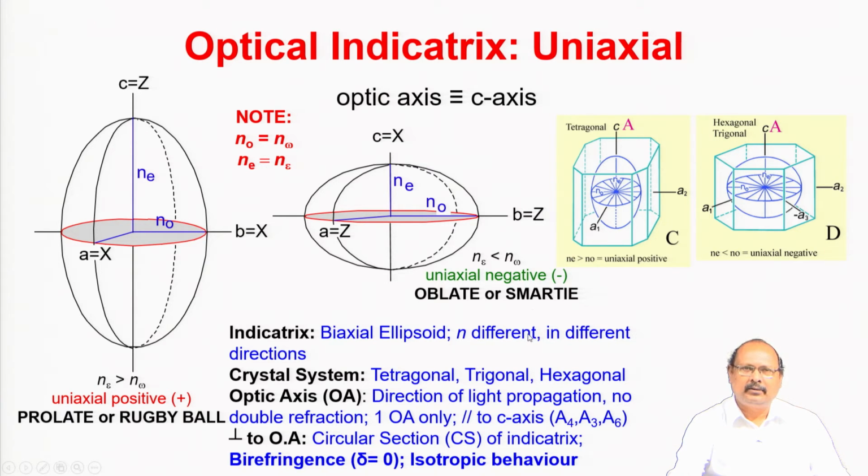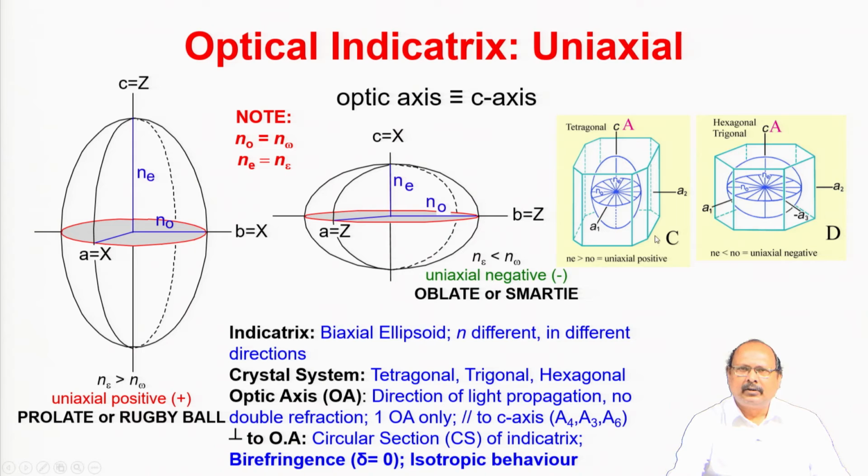What is the reason why minerals belonging to the tetragonal, trigonal and hexagonal crystal systems come under the uniaxial mineral group? This is a three dimensional orientation of a tetragonal mineral, and this is a three dimensional orientation of the hexagonal and trigonal mineral group.